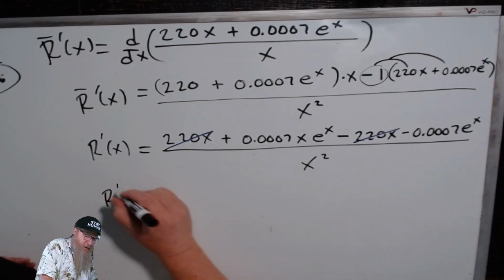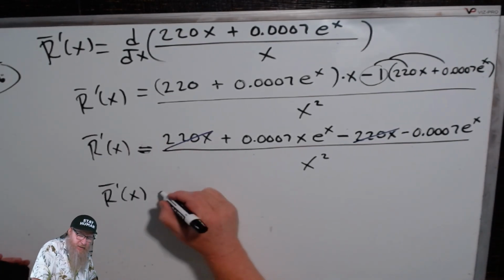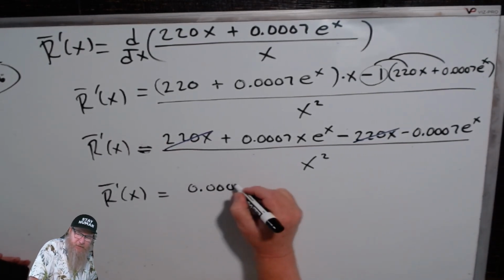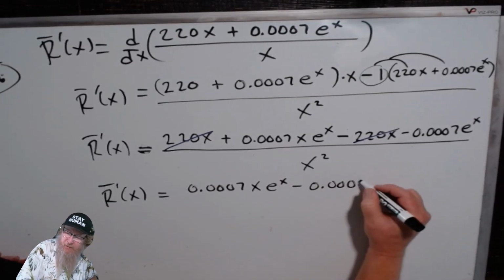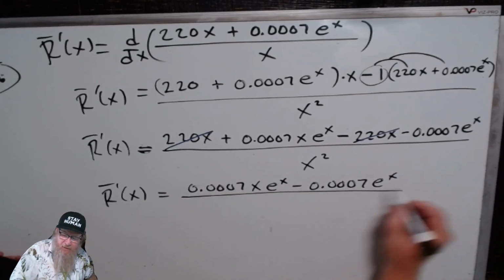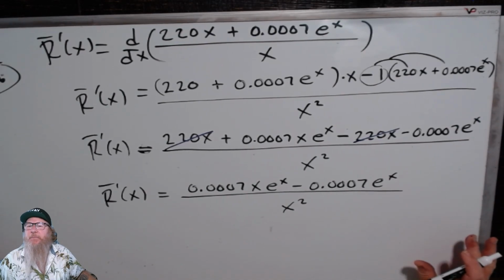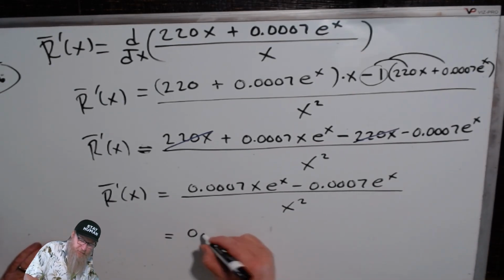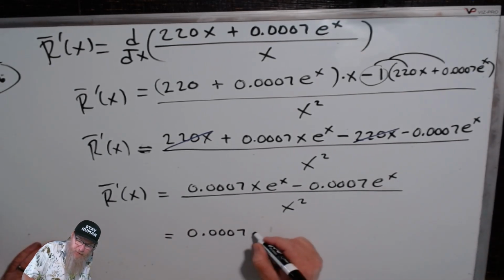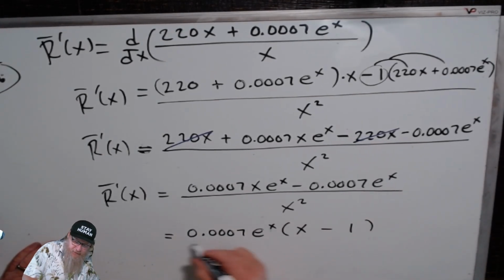And so my R prime hat, forgot my hat, is 0.0007x e^x minus 0.0007e^x all over x squared. I'll leave it to you if you want to simplify more. You might want to. It might help you. Maybe I won't leave it to you. I'll just tell you what to do. Pull out the e^x, and then you only have to do it once.